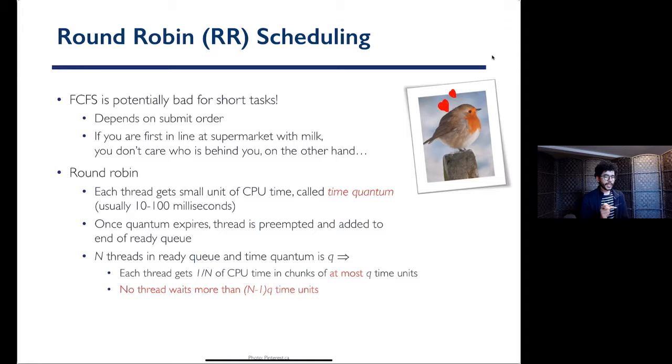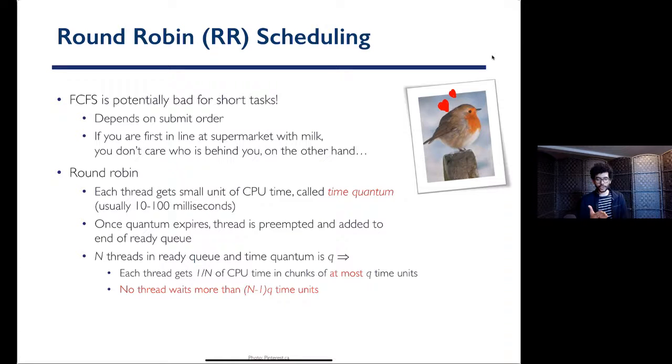Round robin is a scheduling policy where we divide time into time quanta with a fixed length. For now, let's assume we have a fixed length. And we're going to go around the table and let every task run for the length of the time quantum.